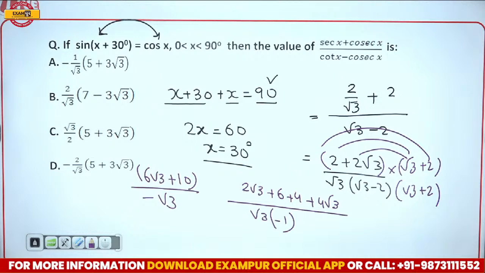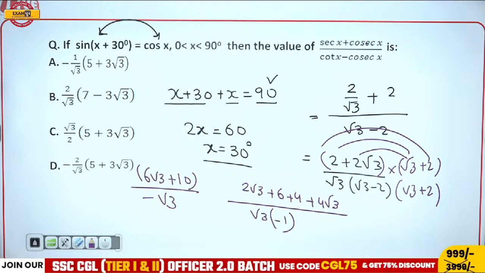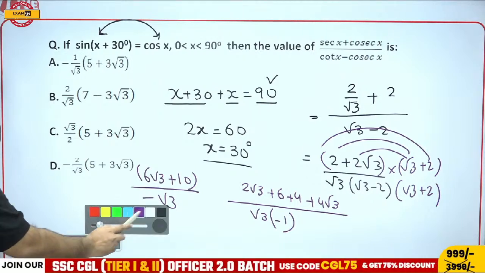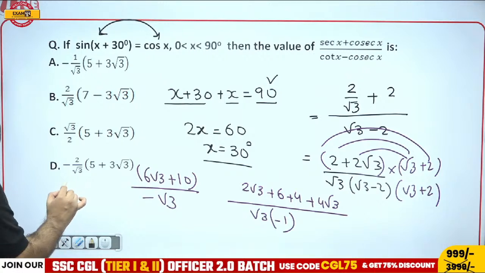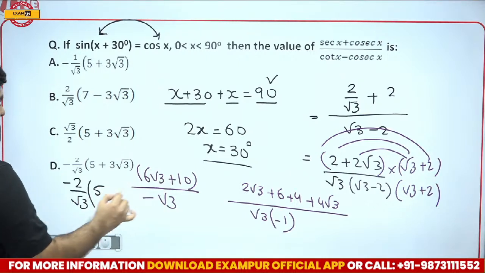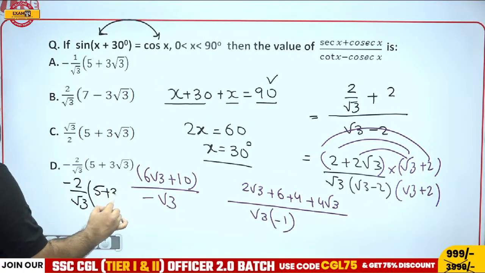Really? Okay. Should I take something common? Okay, I'm taking something common. Take 2 common. So minus 2 by root 3. So if you take 2 common, 5 will come from here and 3 will come from here.